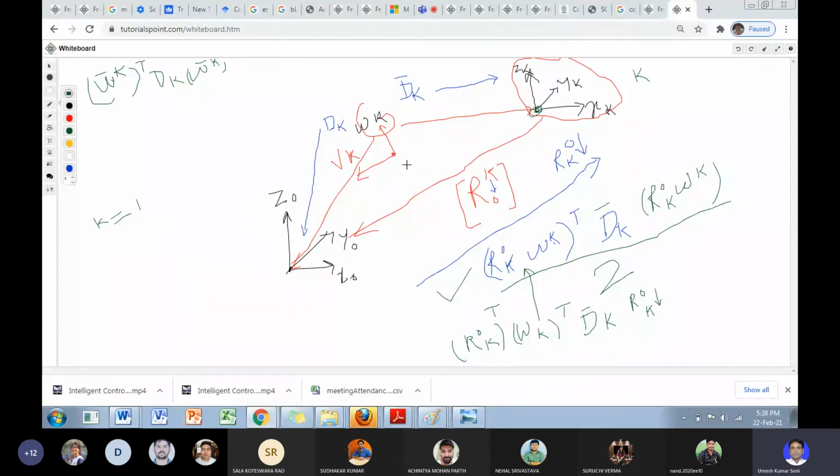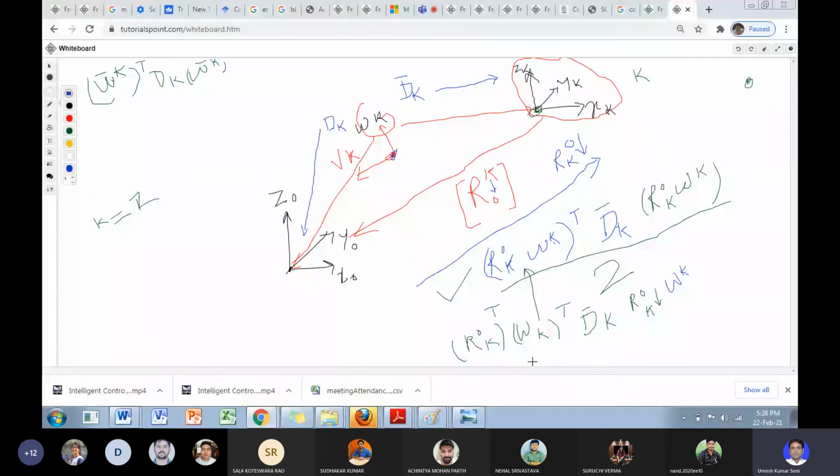Suppose the center of mass of the link is here and we are taking k equal to 2, so this may be the other end, Lk, xk, yk, zk, and we are calculating for the center of mass of link 1, the previous link. Then there will be relative changes. So here you see this is omega k.